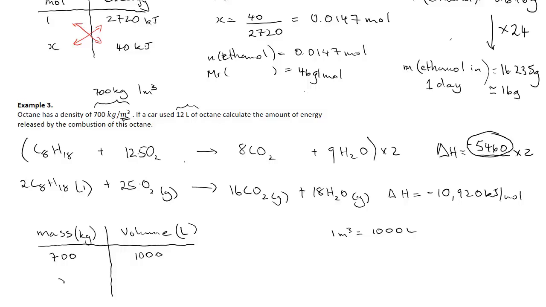I don't know how much mass of octane is in 12 liters. Okay, so that's why I left it as X in 12 liters. So once again, this is a cross multiplication situation. You multiply that side, multiply that side. So you get 1,000 times X equals 700 times 12.